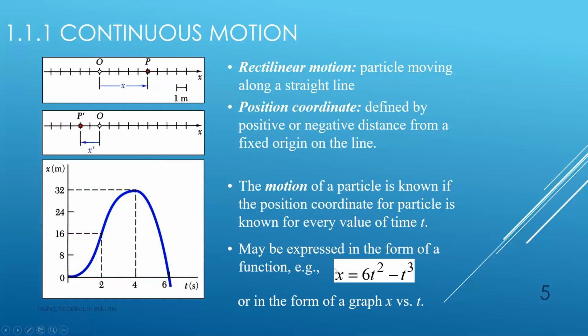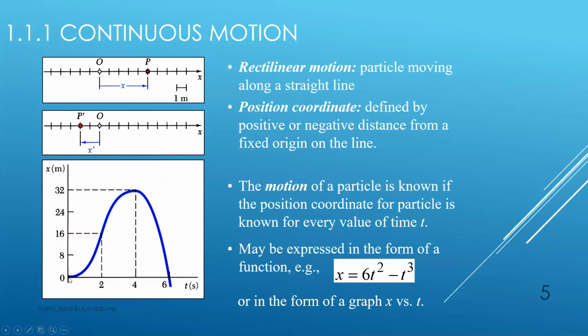The function can be like this: x equal to 6t squared minus t cubed, that is t to the power of 3. And over here on your left, we have a graph that represents the distance or the pathway traveled by this particular particle.